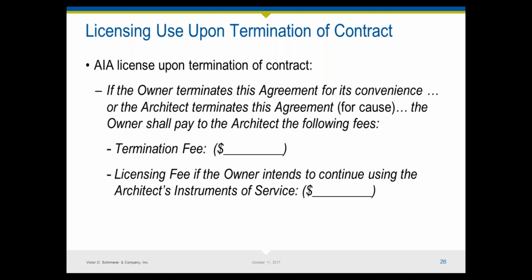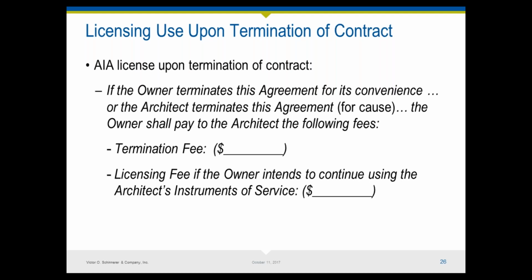Now, you could always negotiate that in the past, and in fact, a lot of architecture firms did. Many firms would look at licensing fees and say, okay, owner, you have the right to use whatever documents have been created so far. I will remove our firm's information from them, and you will pay us, for instance, half of whatever our remaining fee would be.